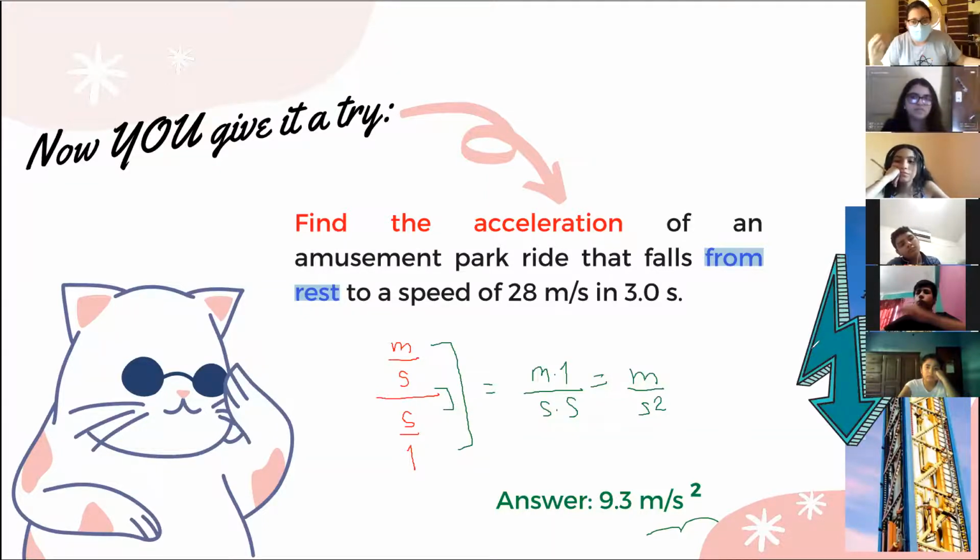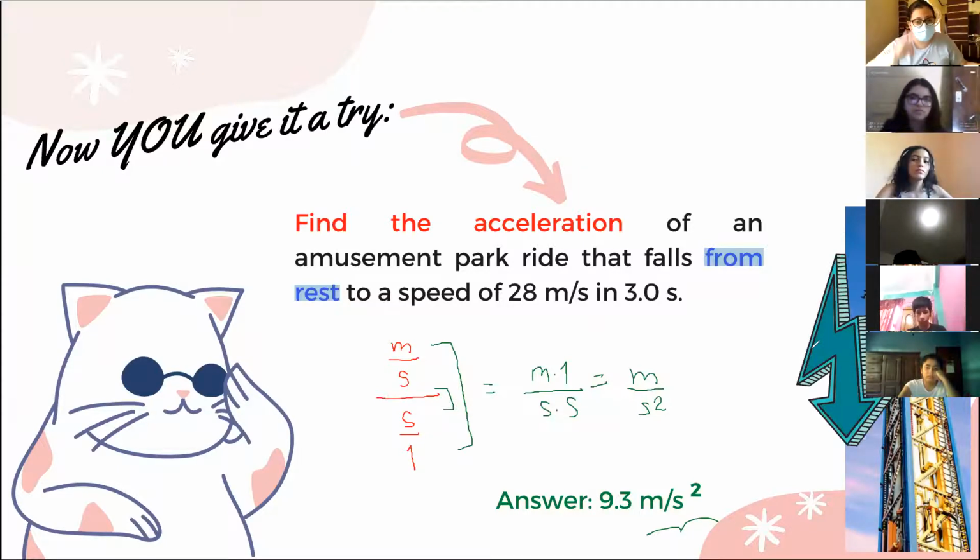And it is okay only if you are always doing conversions. If you don't do conversions, the answer is going to be incorrect. So do conversions and be sure that acceleration will be meters per second squared. Do conversions and velocity is going to be meters per second. Do conversions and time is always going to be in seconds. If you don't do conversions, then time can be in any unit that people write.